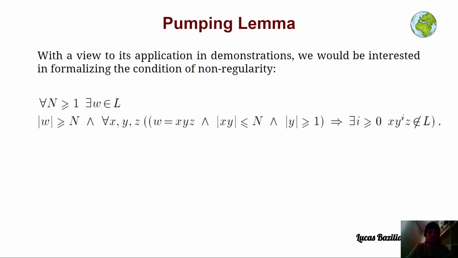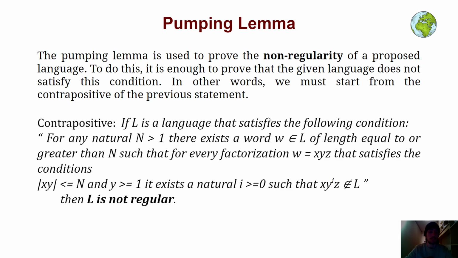So the last thing that we need to do here, once we have all this, is to find the given exponent i greater or equal to 0, such that when we concatenate x, y, z, but in the y subword we raise this subword y to this value i, then this final word will not belong to the language L. If we can find this value i and we can see that this final word does not belong to the language L, then we will prove that this language L is a non-regular language, as we have explained on the previous lesson, right?